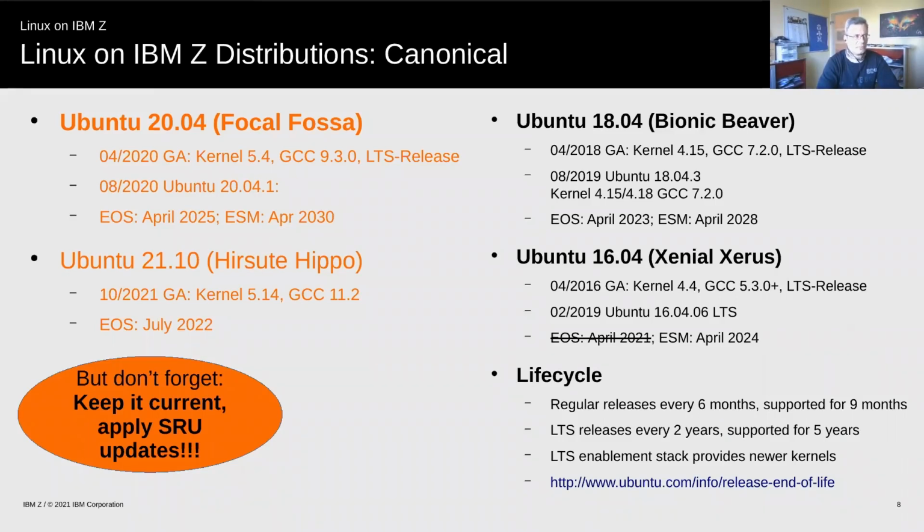And that LTS release is supported for 5 years, and after that, you can purchase another 5 years worth of support. And that's certainly good enough for any enterprise customer, we assume.